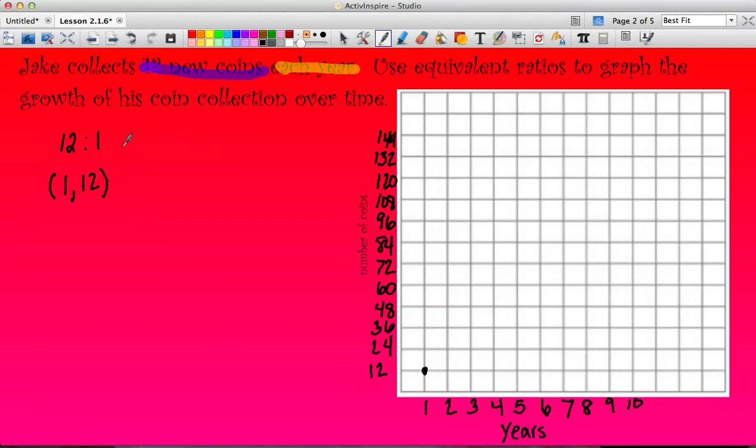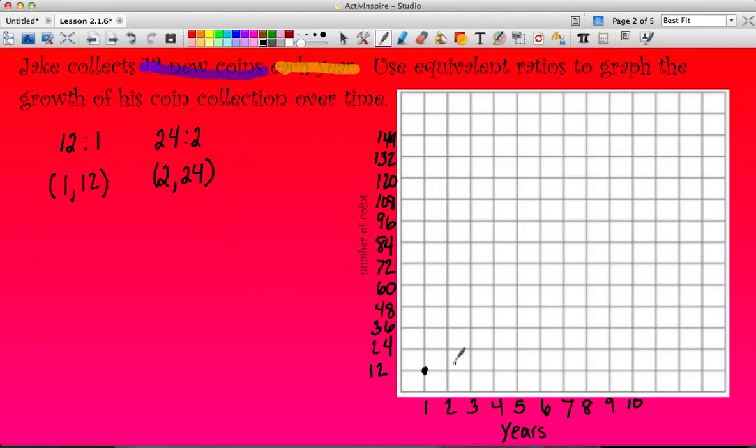Okay, and then I know my next equivalent ratio could be 24, so I multiply 12 times 2, and then I multiply 1 times 2. So my x would be 2 years, and my y would be 24 coins.